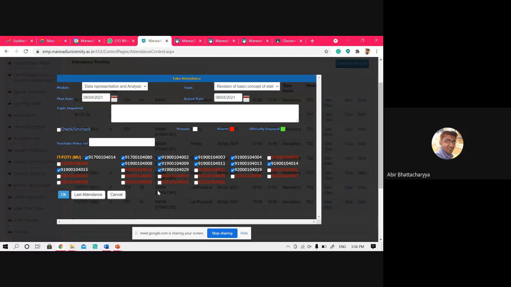Fourth row, 2 to 7. Last row, 8 to 1. Okay, if I marked anyone wrongly absent, please let me know. 7 present. Okay, anyone, please check that.